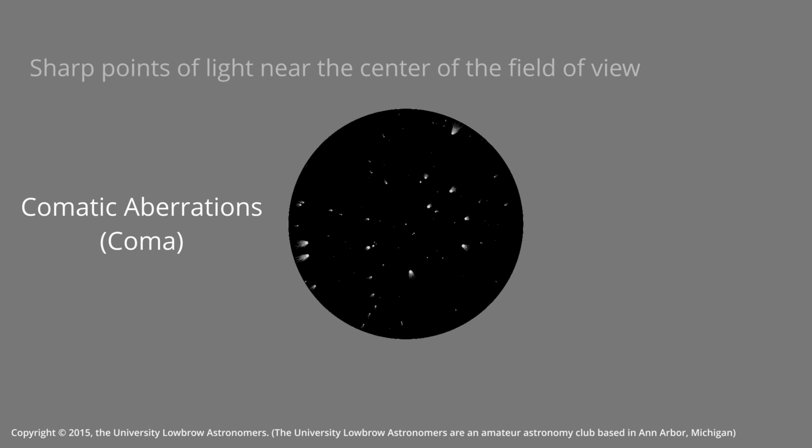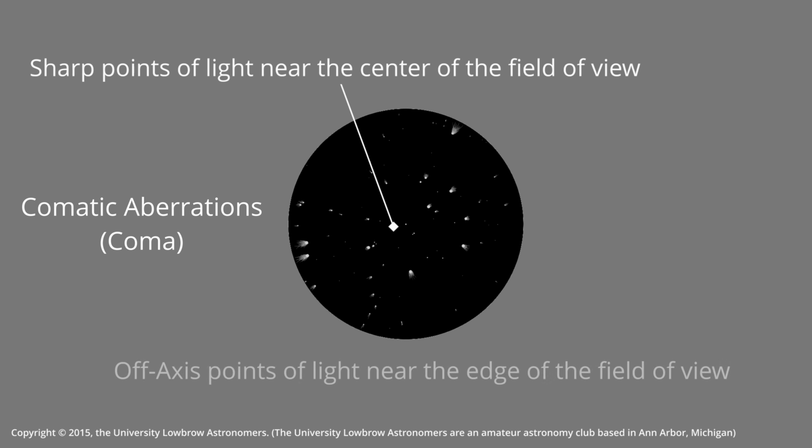Coma is a type of spherical aberration resulting from light beams that come in off-axis and hit the mirror before being reflected. In this case, stars near the edge of the field of view present themselves as off-centered or comet-shaped points of light that point inward towards the center of the field of view.